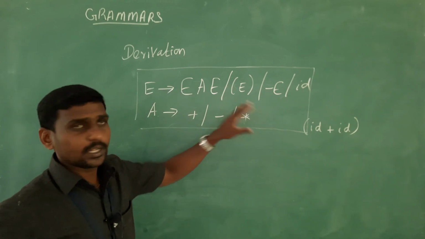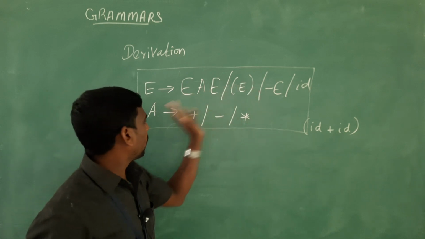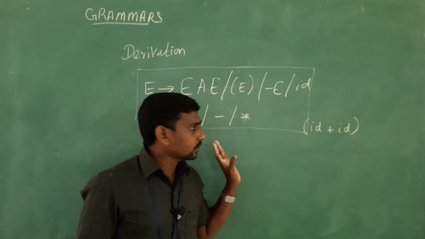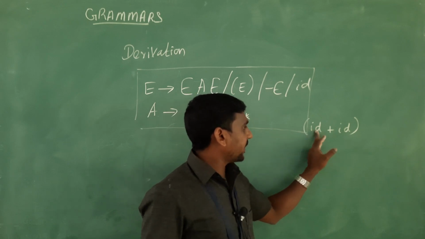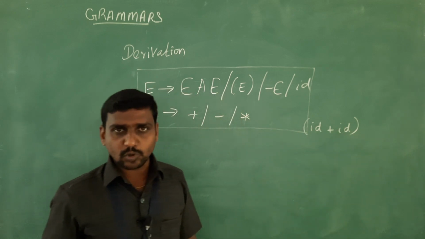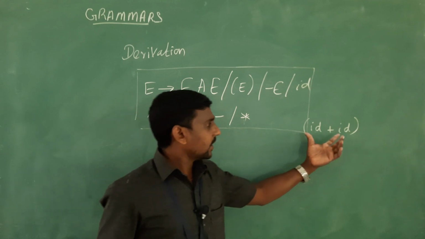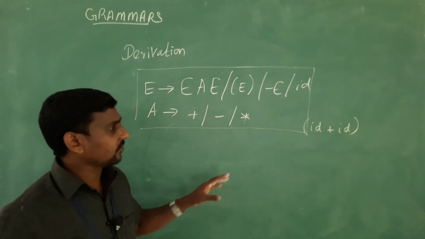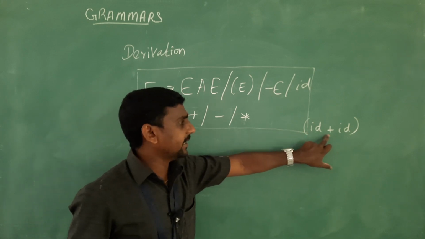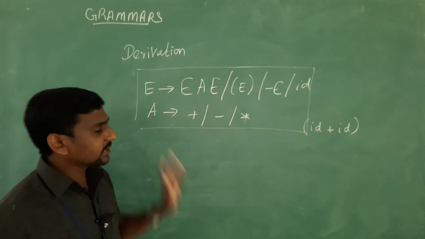Productions are there, 1, 2, 3, 4, 5, 6 productions. So this is a grammar, and they ask to construct the string (ID + ID). What they are asking is to construct a derivation for (ID + ID) from this grammar.